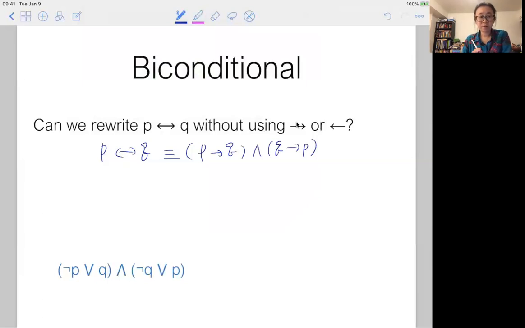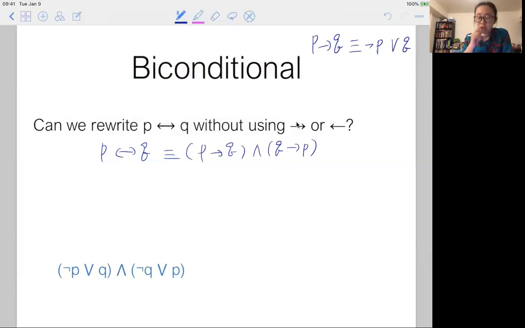So P if and only if Q is logically equivalent to P implies Q and Q implies P. And there's one more property that we have not used before, which is that P implies Q is actually logically equivalent to not P or Q.